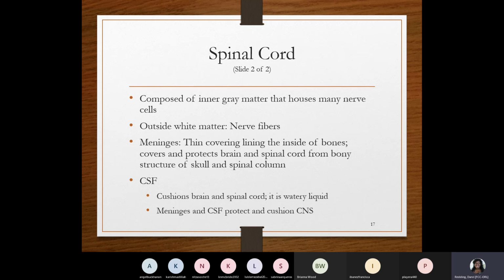Now, the CSF is a watery liquid that cushions the brain and the spinal cord. The meninges and CSF work by protecting and cushioning the central nervous system.